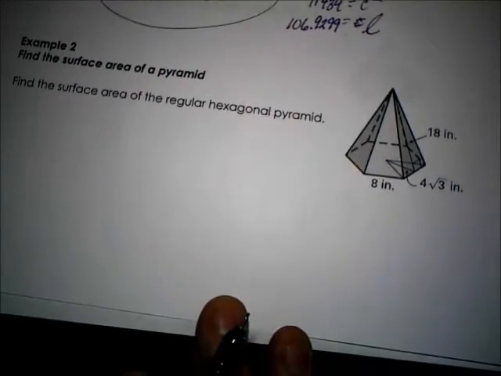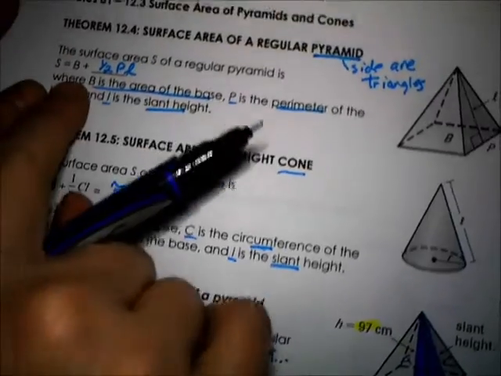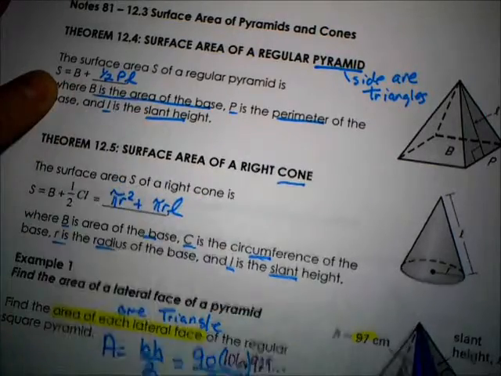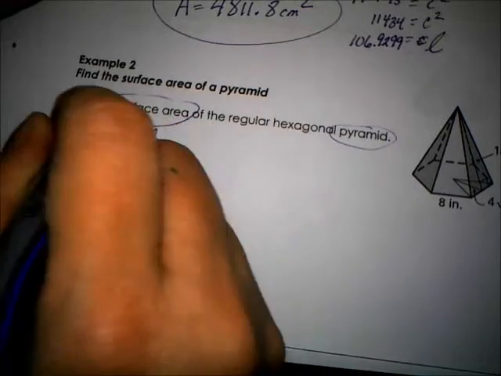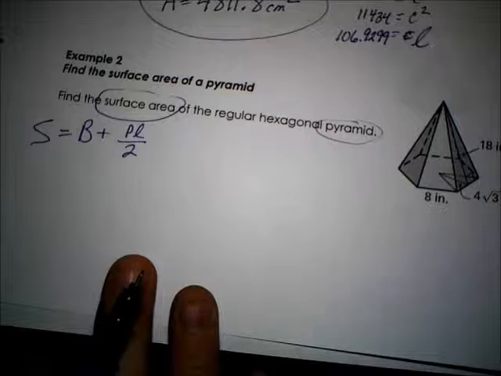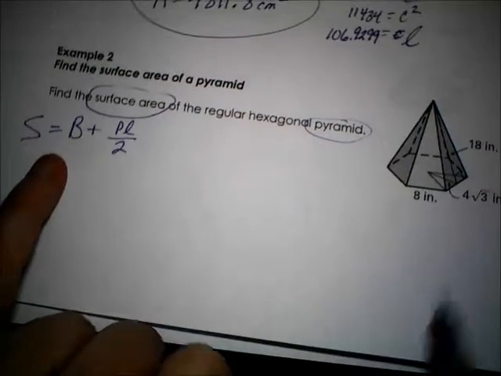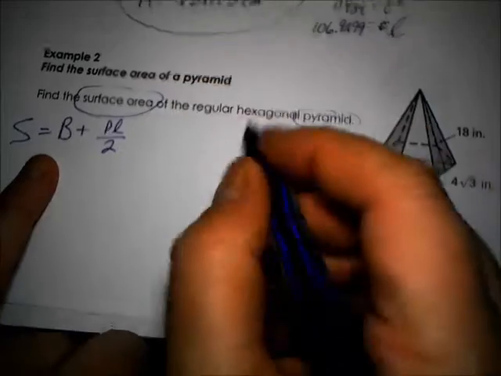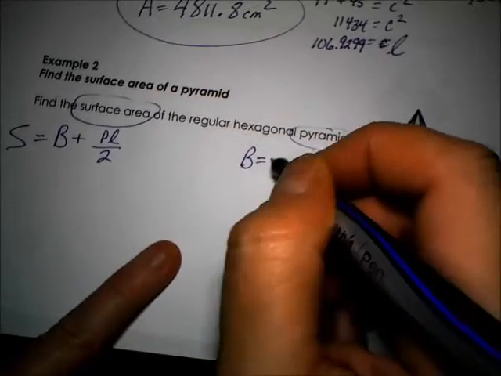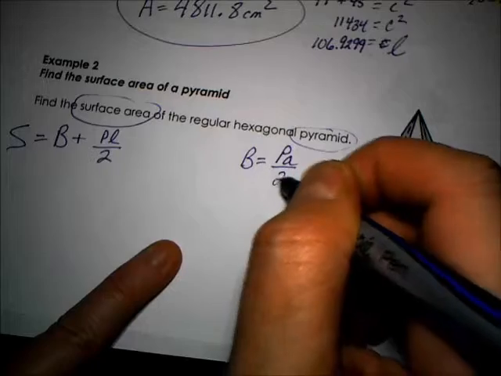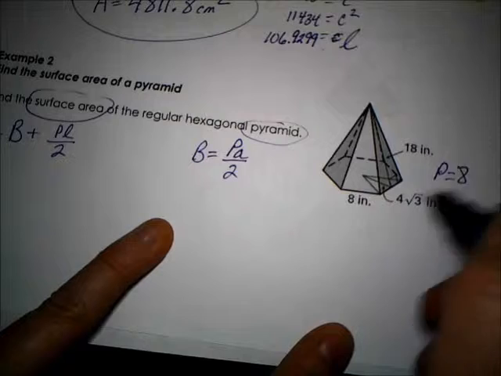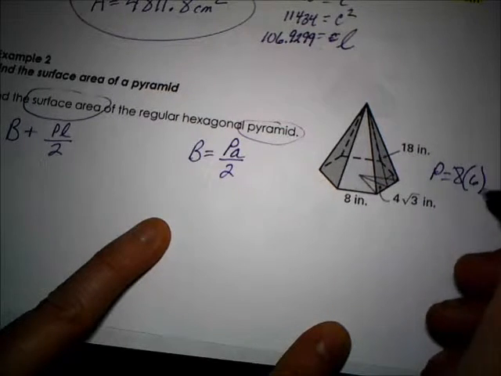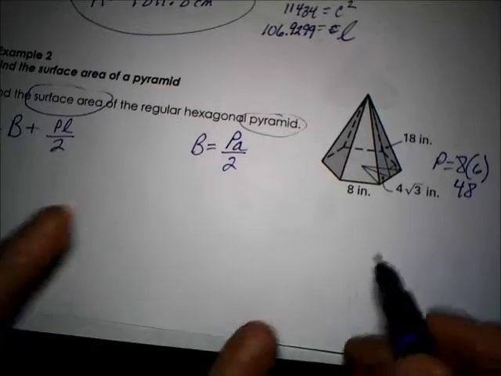If I go with example 2, they now want to know the surface area of the pyramid. The formula for surface area of a pyramid is base plus 1/2 PL. So that's what I'm going to write down here: base plus PL divided by 2 will be my surface area. Now, the B is a hexagon. The formula for a hexagon, if you remember, was PA divided by 2, where P is my perimeter. The perimeter will be 8 times the number of sides, which is 6, so that's 48.